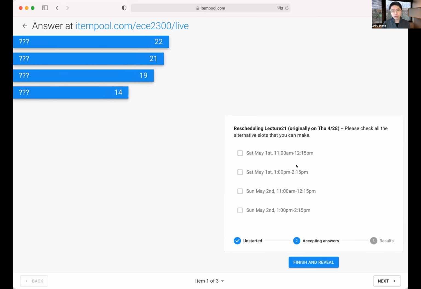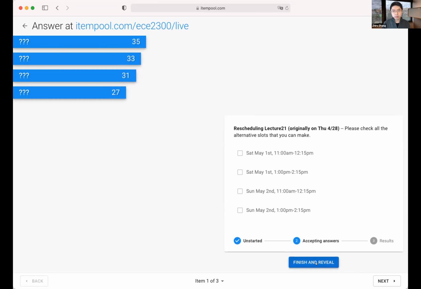Unfortunately, I have to schedule it over the weekend. Since we have some remote students from Asia dialing in, I want to make sure that the alternate slot is close enough to the regular slot. So that's why we are doing 11 a.m. or 1 p.m. either on Saturday or Sunday. Of course, these lectures will be recorded, so in case you have to miss it, please watch the recorded video.